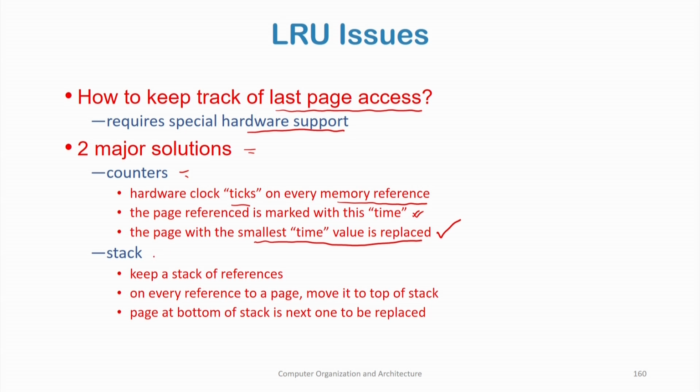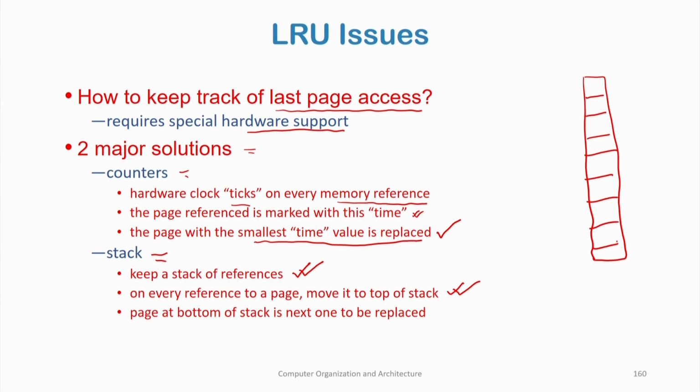The other way to implement LRU is with the use of a stack. We keep a stack of references. On every reference to a page, we move it to the top of the stack. So, these are the memory references, pages P1, P2, P3, P1, Pj, Pi, Pj, and so on.